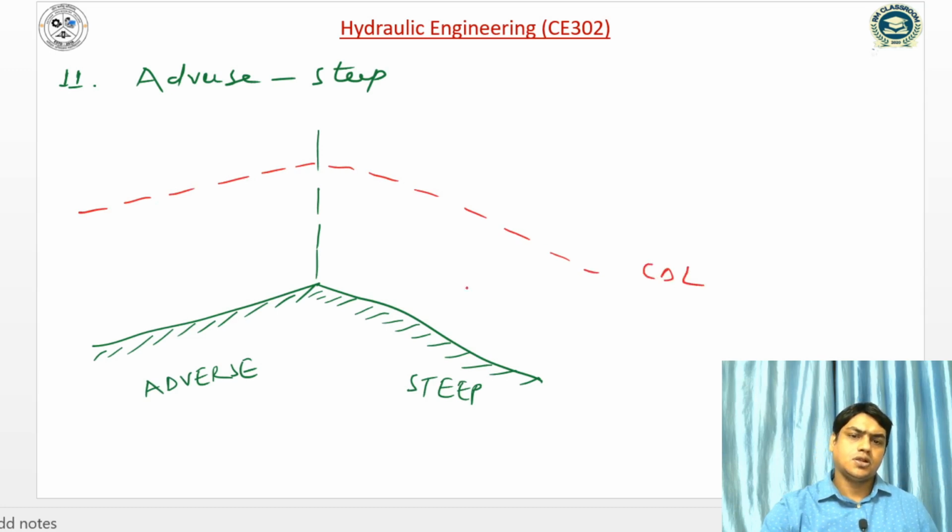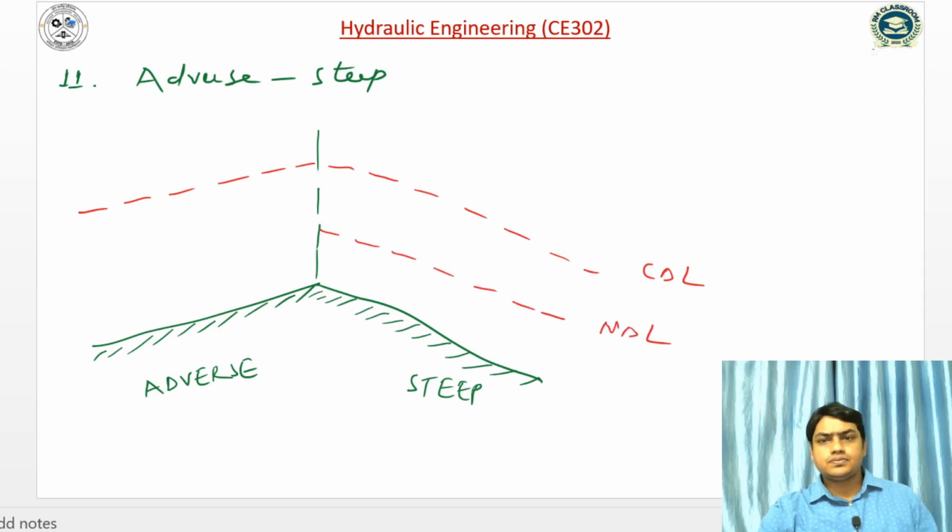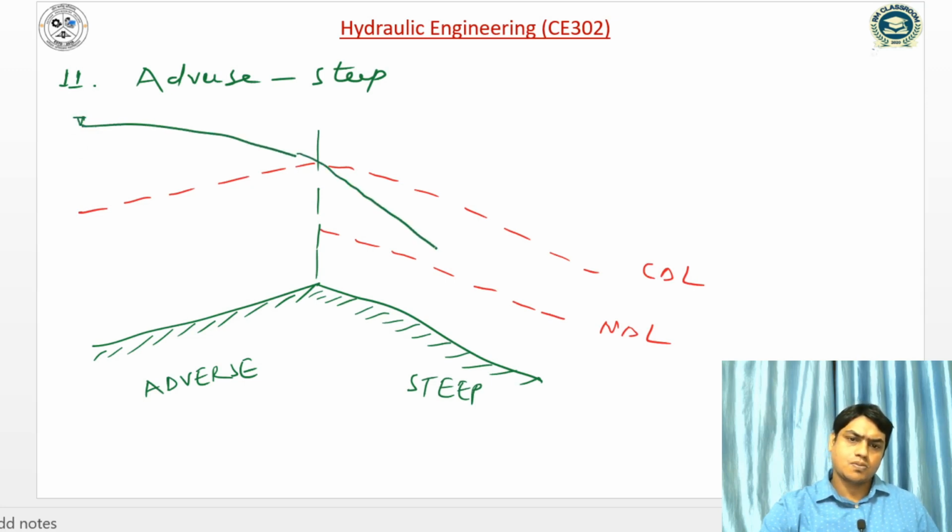So this is the critical depth line and this is the normal depth line. So it will be, let us assume this is the level of water. So it will be S2, A2.